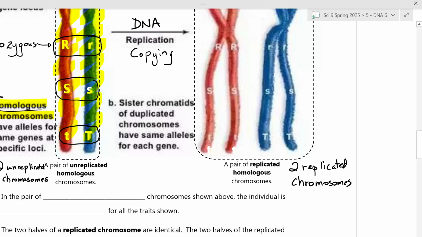Chromosome, chromosome, chromosome. Unreplicated chromosome, replicated chromosome. Say it with me. Unreplicated chromosome, replicated chromosome.